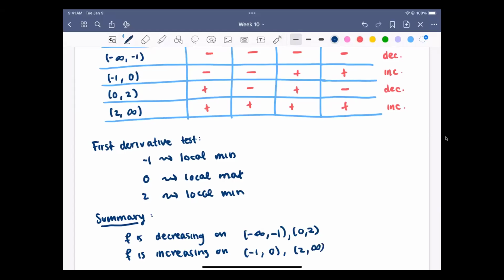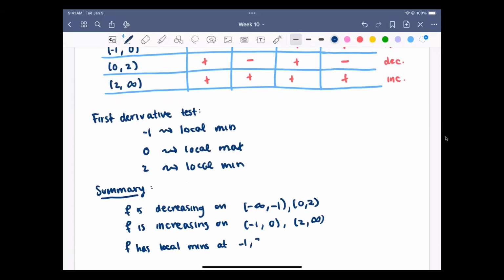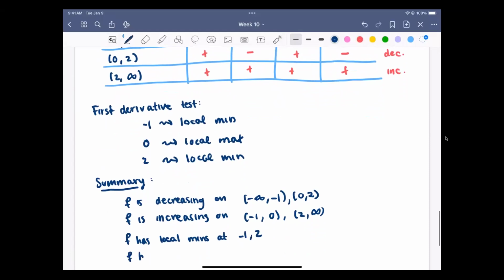And then f has local mins at -1 and 2, and f has a local max at 0.